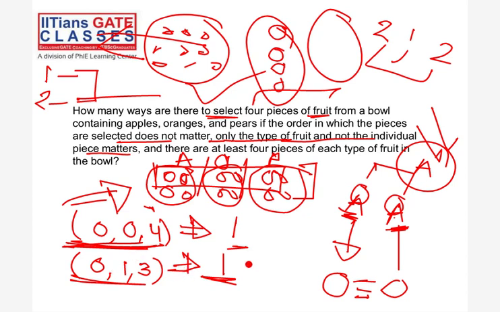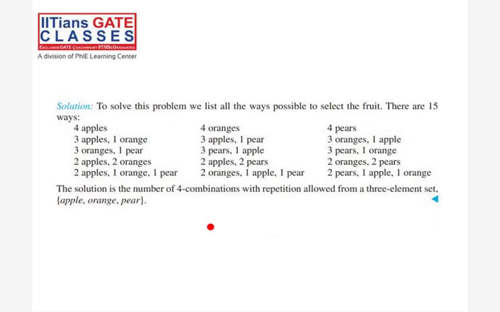So there is again only one way. That is because all these oranges are identical, all these pears are identical. If they were different, then we would have gotten different answers. Okay, so now you can see this explanation here. These are the different ways possible.